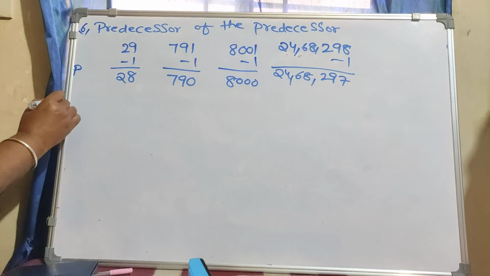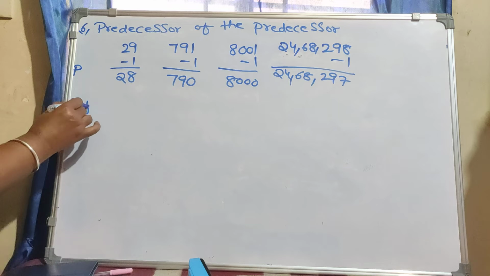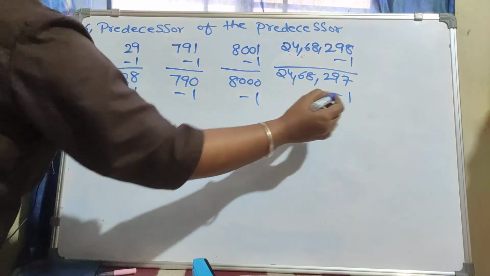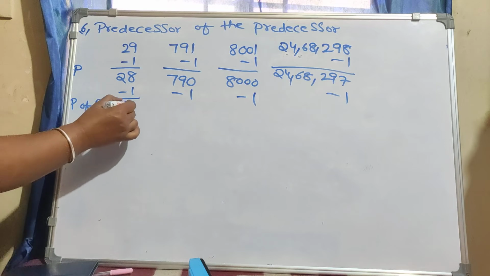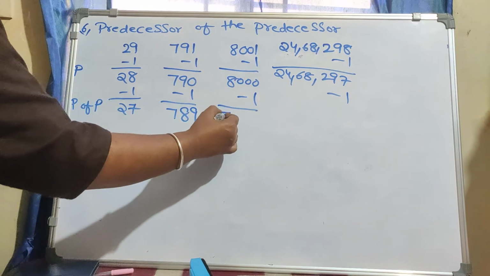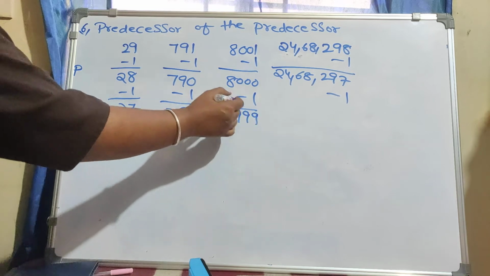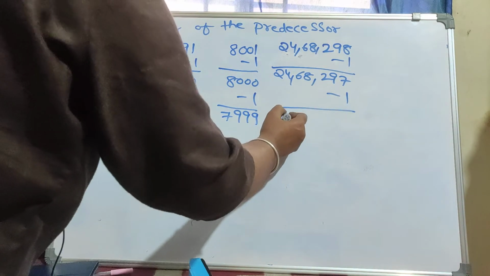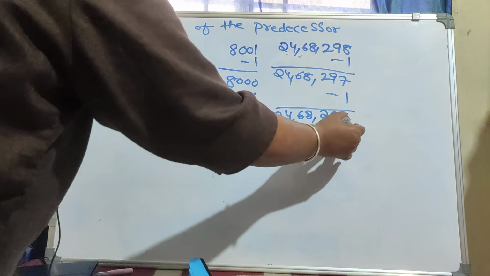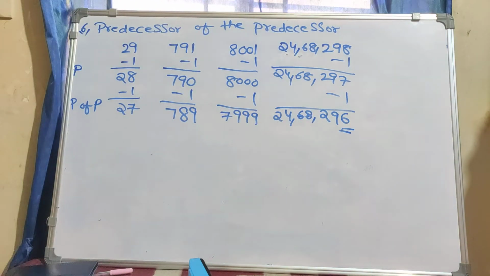Now we need to find out the predecessor of the predecessor. So again minus 1. 27,789,7,999,24,68,296. That's all.